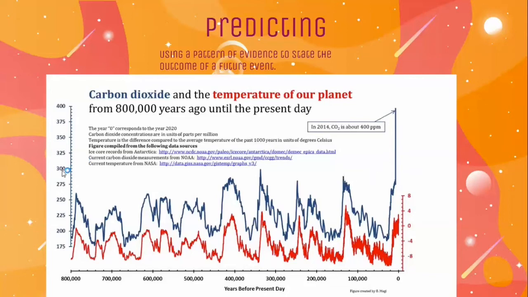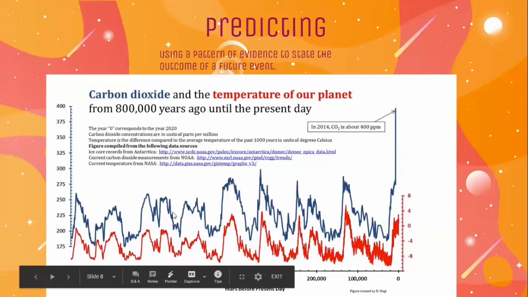And we've never had any of these peaks above 300 parts per million. And so we've gone a whole 100 parts per million above the previous threshold. So what does that mean for the temperature, which has only been above positive 4 degrees from this average here?